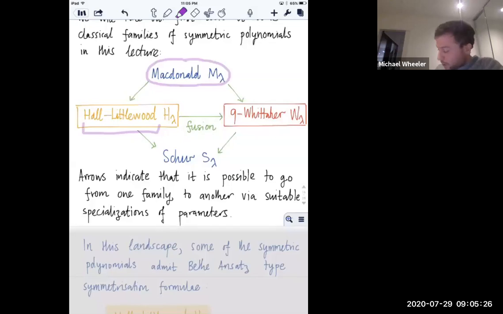All right, so McDonald polynomials degenerate both to the whole-Littlewood and the q-Whittaker polynomials. We're also going to talk about a certain technique, which is quite an old technique in exactly solvable quantum integrable models, which is the idea of fusion that goes back to the Leningrad School in the 1980s. The observation is that by taking a whole-Littlewood polynomial and performing fusion on it, you actually get to the q-Whittaker polynomials on this side here.